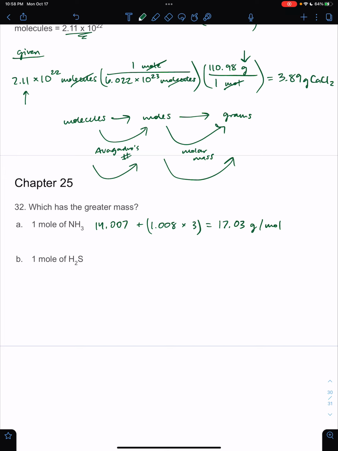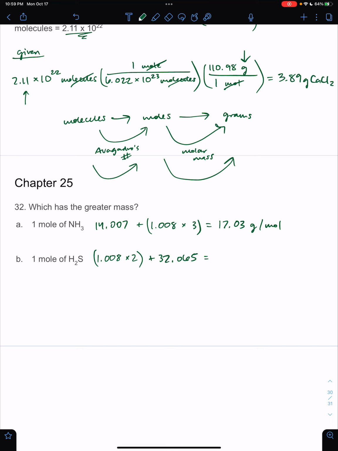And then for H2S, it's going to be 1.008 times 2, because we have 2 hydrogens, plus the molar mass of sulfur, which is 32.065.